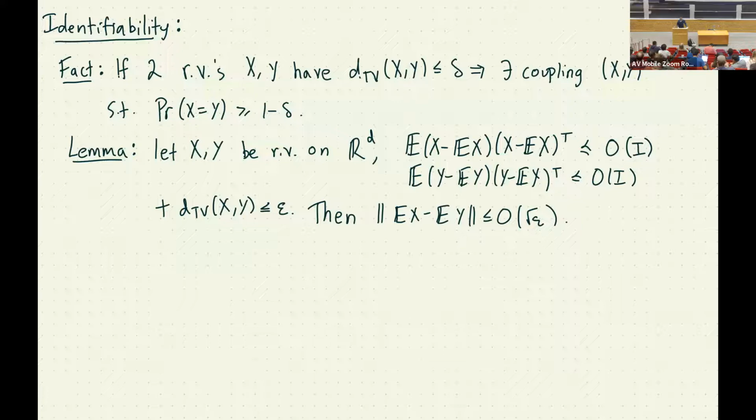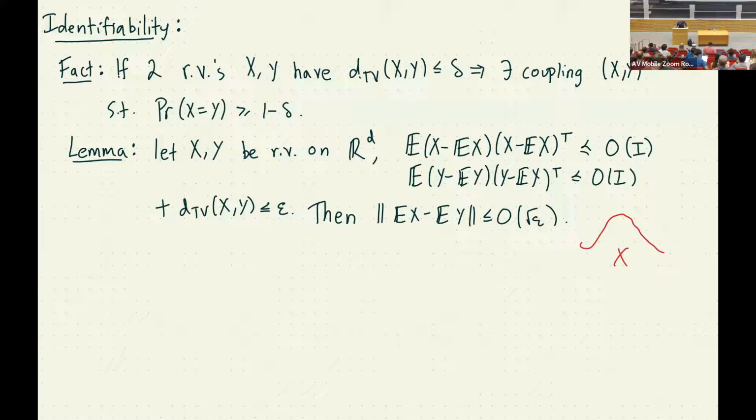So let's draw the picture. What's the picture look like? I'm going to draw the picture just in one dimension. I'm going to draw the PDFs of these guys. Here's the PDF of X, and here's the PDF of Y. And actually here I've drawn them pretty far in total variation distance. Let's try to do a little better.